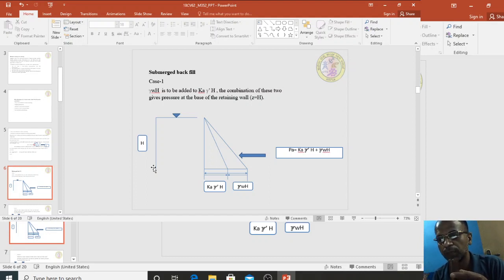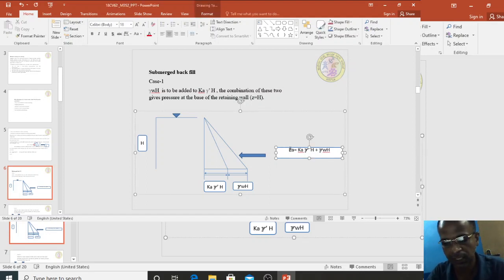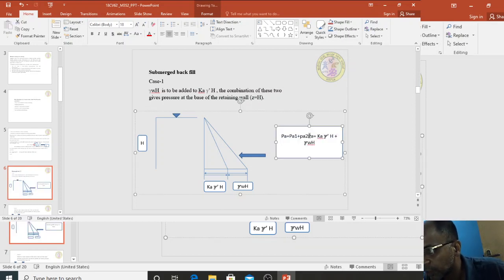Now we have to calculate the pressure. The pressure for the triangular portion of the soil is Pa1, and the water pressure portion is Pa2. So P, the total pressure, is equal to Pa1 plus Pa2. So I am writing the equation, you please see, students. Pa is equal to Pa1 plus Pa2.